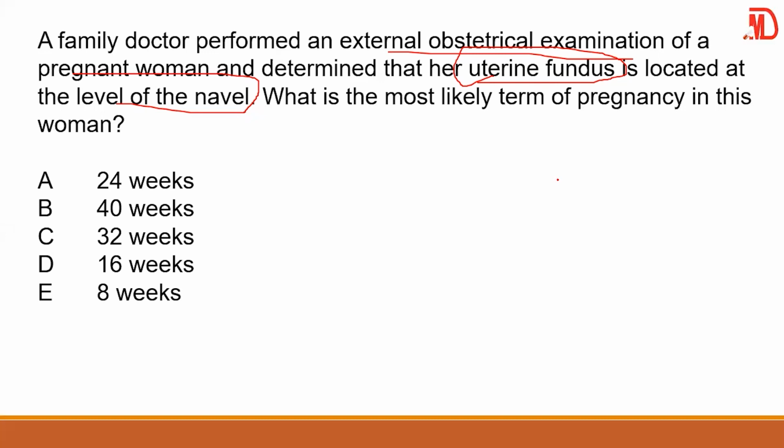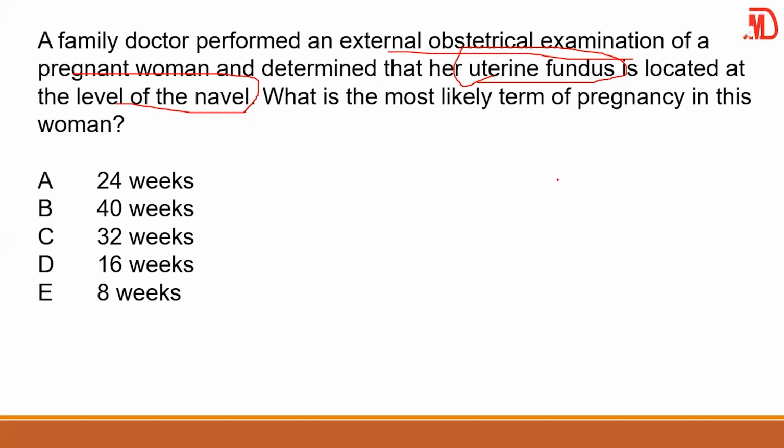Good. At about 5 months, that's about 20 to 22 weeks, the top of the uterus is usually right at the mother's belly button. So that's the navel. 20 to 22 weeks is around the navel or the umbilicus.